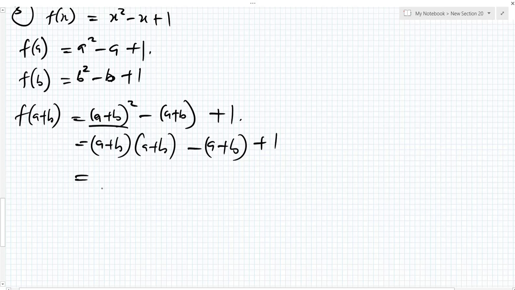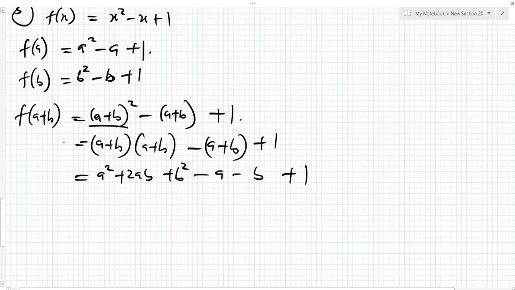Now if I want to expand this, it will give me a squared plus 2ab plus b squared minus a minus b plus 1. So this is the expression for this.